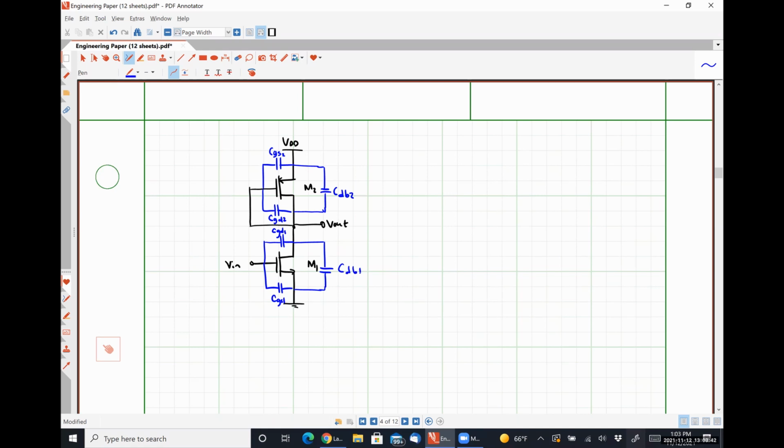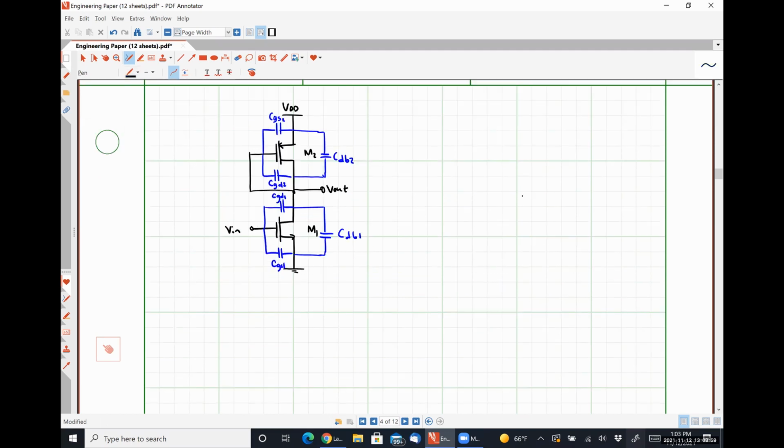Excuse me. So one thing that we should be able to see right off the bat is that CGD2 is shorted out because it's literally in parallel with a short circuit. So when we draw our small signal equivalent, I'm going to throw that one away.